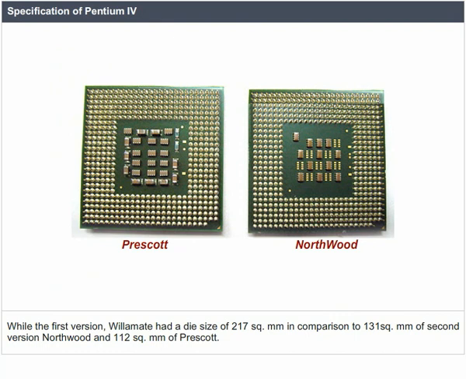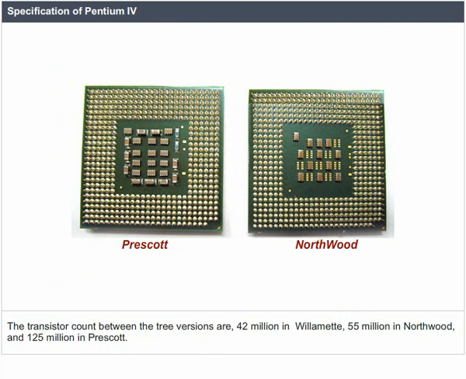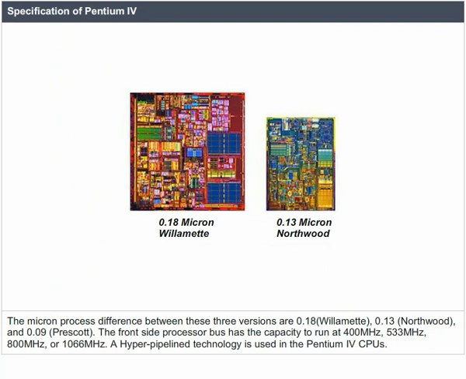The transistor count between the three versions is 42 million in Willamette, 55 million in Northwood, and 125 million in Prescott. The micron process difference between these three versions is 0.18 Willamette, 0.13 Northwood, and 0.09 Prescott.